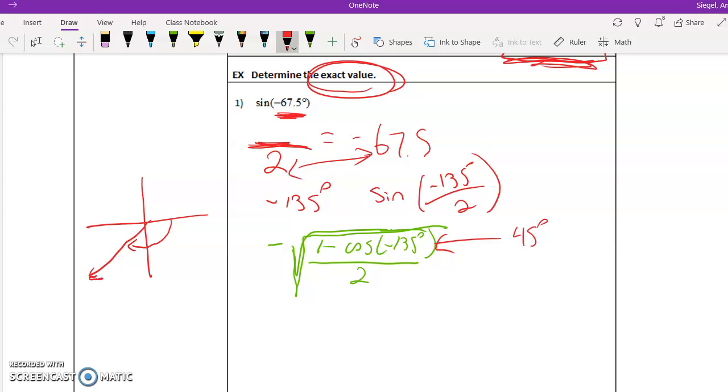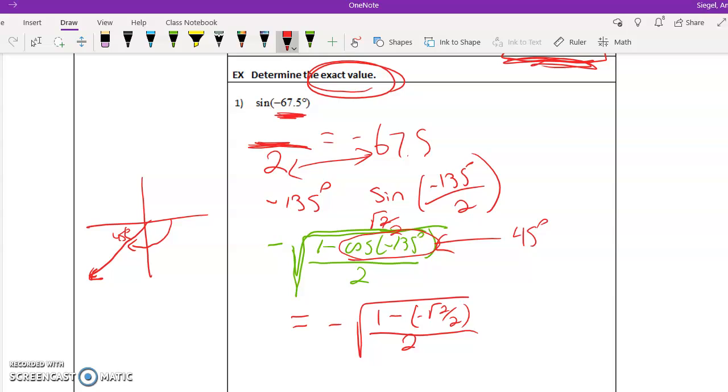So I know that not only is it a 45-degree reference angle, but it's also in the third quadrant, which makes it negative. So let's clean this up a little bit. Okay, so cosine of a 45-degree angle is square root of 2 over 2, but it's going to be negative. So negative square root of 2 over 2, over 2.